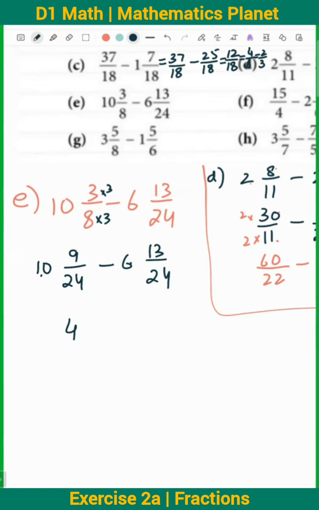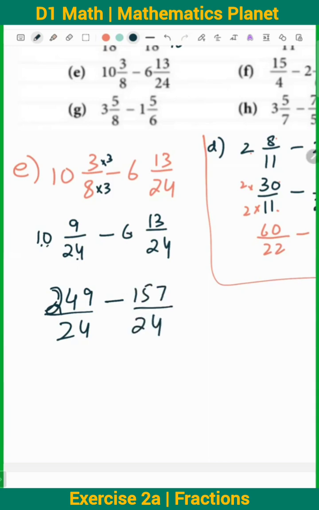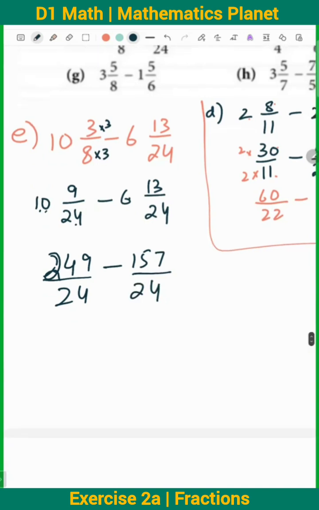So you will understand with the same method. 24 into 10, 240 plus 9, 249 by 24. You can follow the same method so you don't get confused. Minus 24 into 6 plus 13, 157. Miss, can we minus the whole number like 10 minus 6?